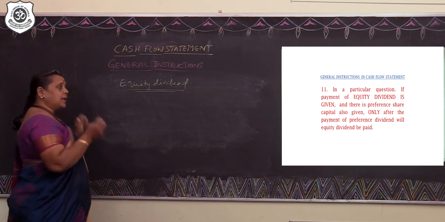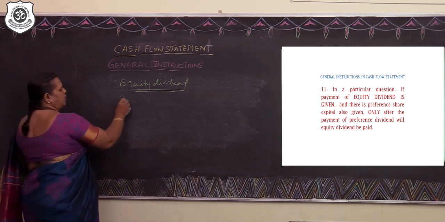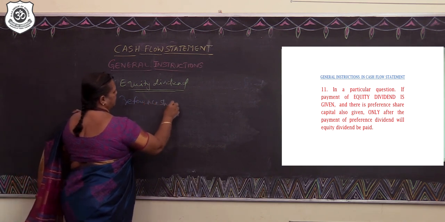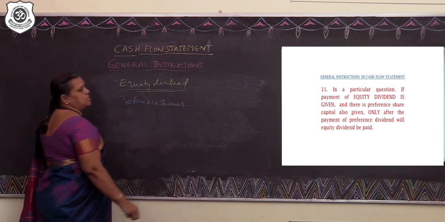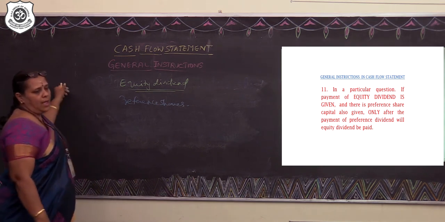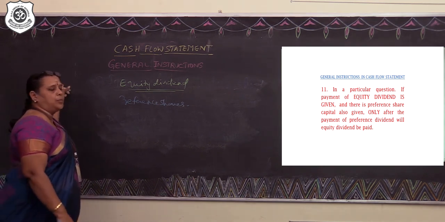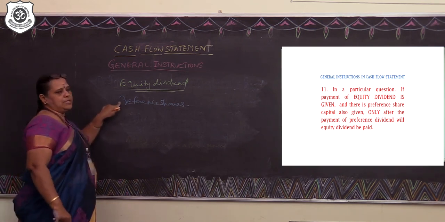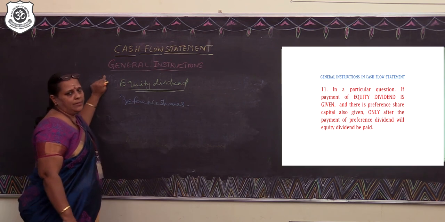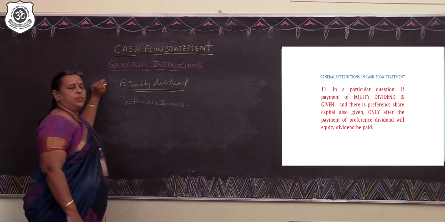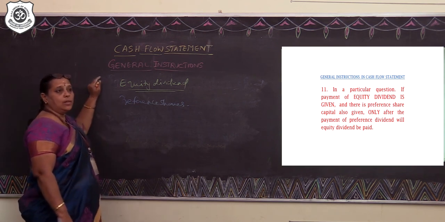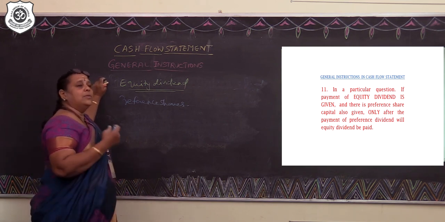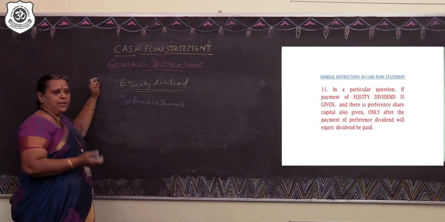But in the given balance sheet, if there are preference shares with a prefixed rate of dividend and the information is silent about preference dividend, it is implied that only after paying preference dividend will the company pay dividend on equity shares. So that should be very carefully noted down. These are all the hidden information which we just overlook because we are not very clear about that. Please be very clear.